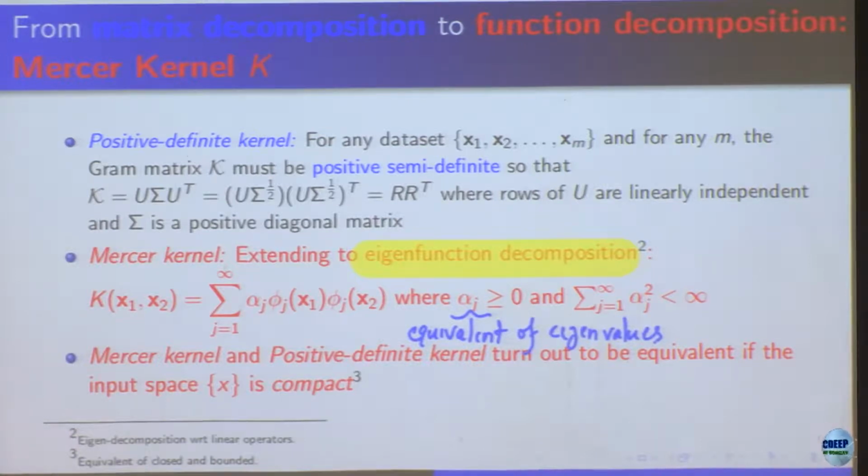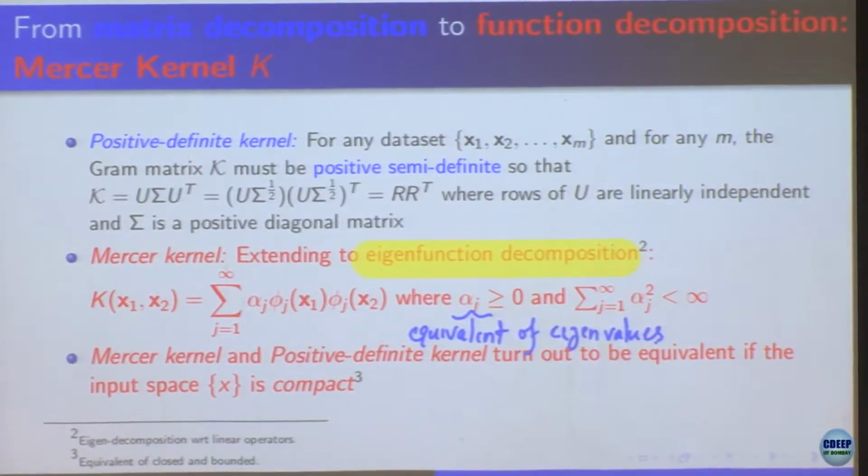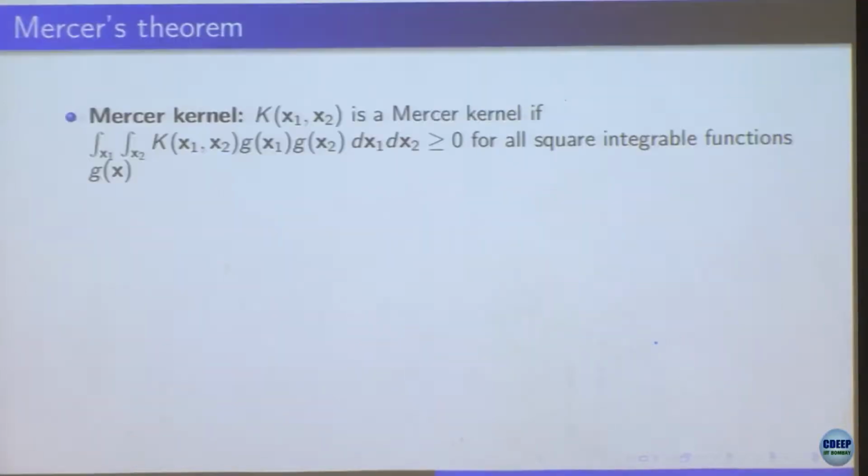What is compactness? It's like the equivalent of closed and bounded. So the input space is closed and bounded as well. Again, we'll not get into this. We have always dealt with closed intervals, bounded intervals. But the point is that I'm not going to give you a tool based on this. This is just some theoretical underpinning.